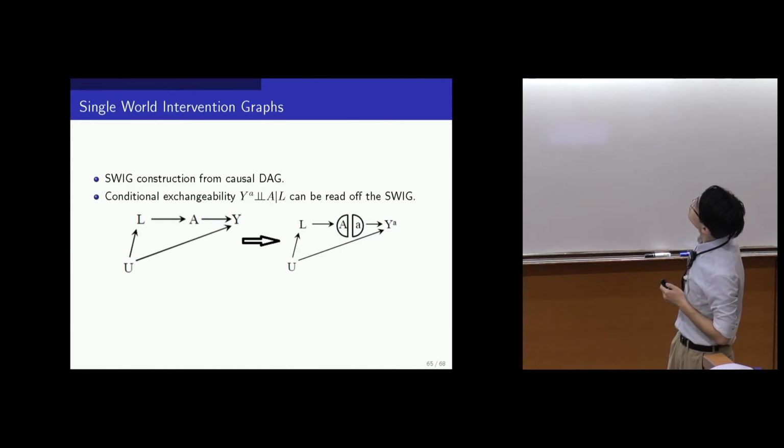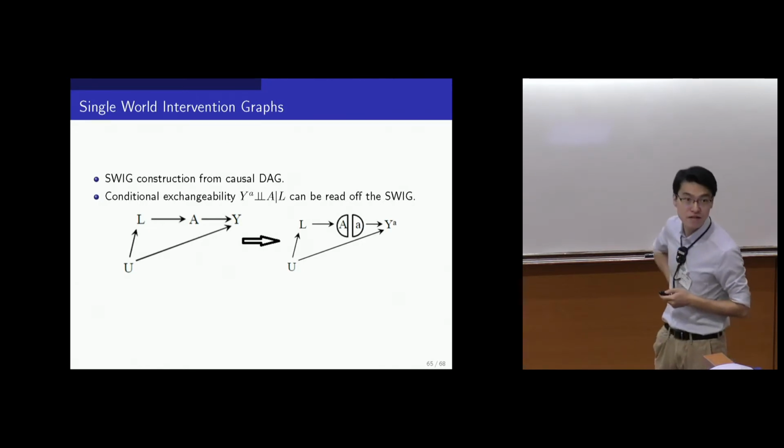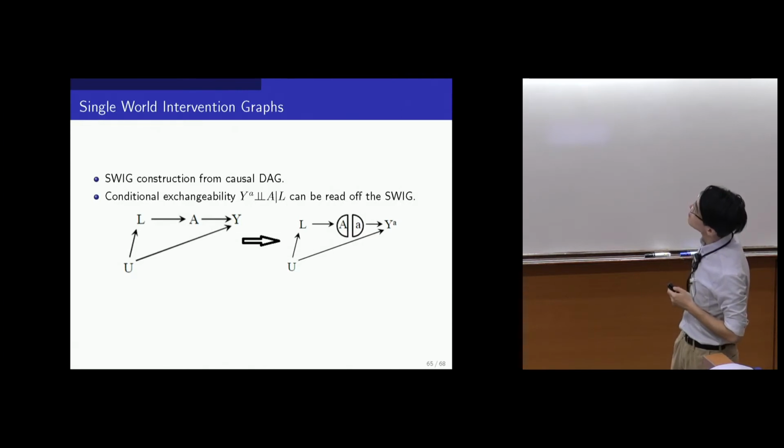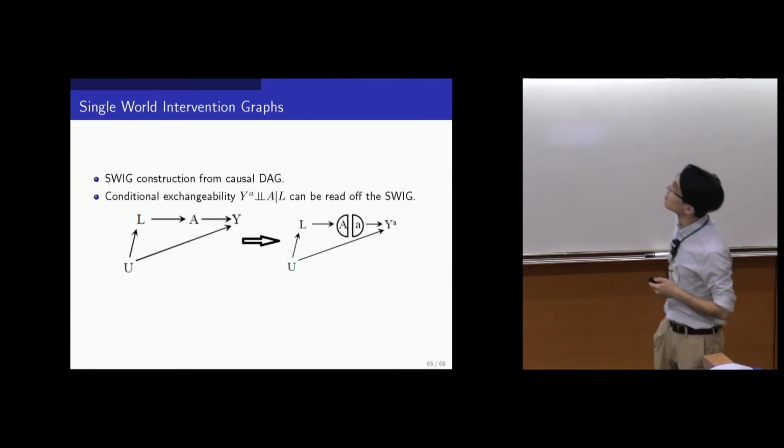However, it is also the case that if we condition on L, then this backdoor path will be blocked, right? Because there's a U arrow going to Y and a U arrow going to A, but if we condition on L, it will block this path. So this backdoor path will be blocked, right?